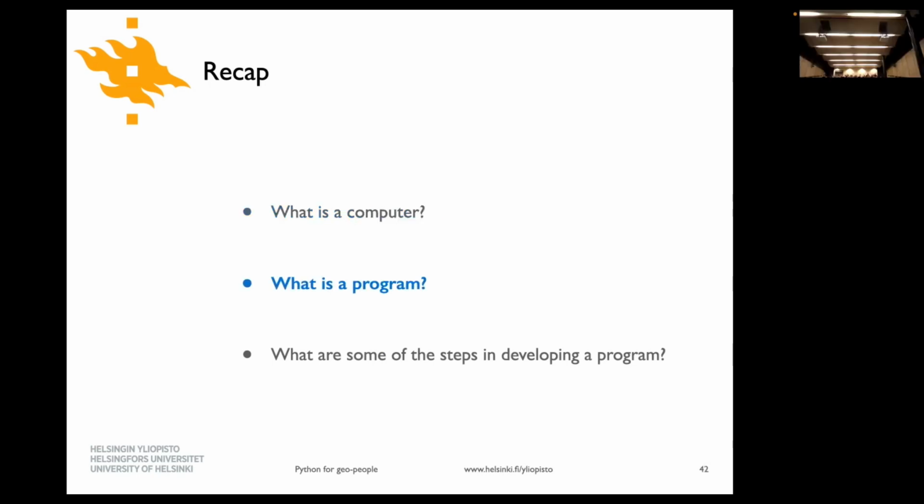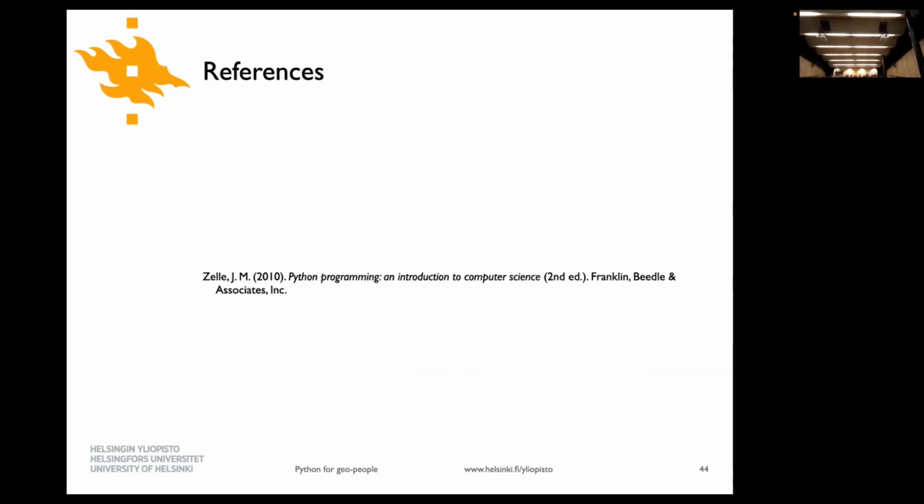In terms of what a program is, it's just a list of detailed step-by-step instructions for the computer that tells it exactly what we want the computer to do. And again, computers don't like uncertainty very much, so we're expected to be exact in the instructions that we're giving to the computer. And then some of the steps in developing a program, we've just gone through them, so I'll skip that for the time being.